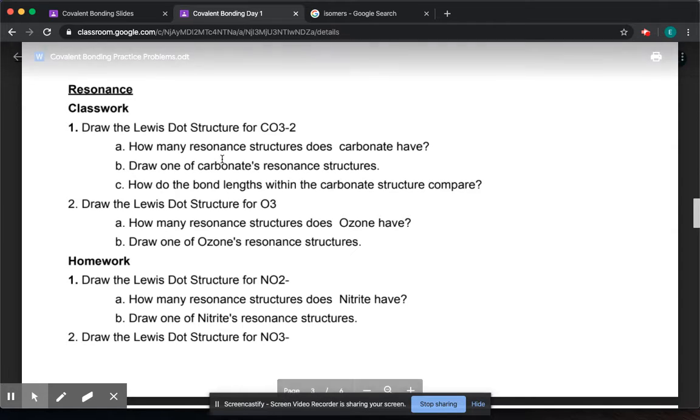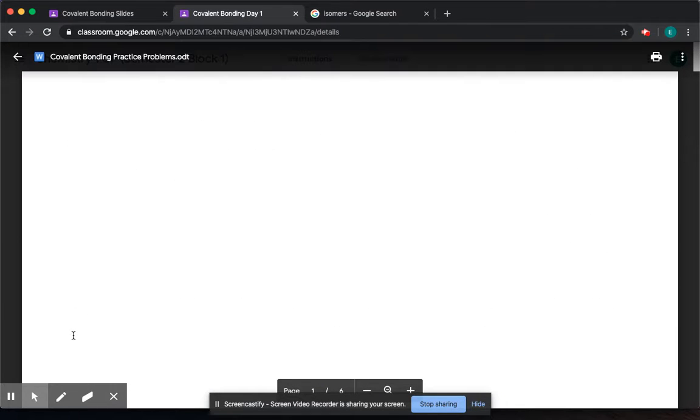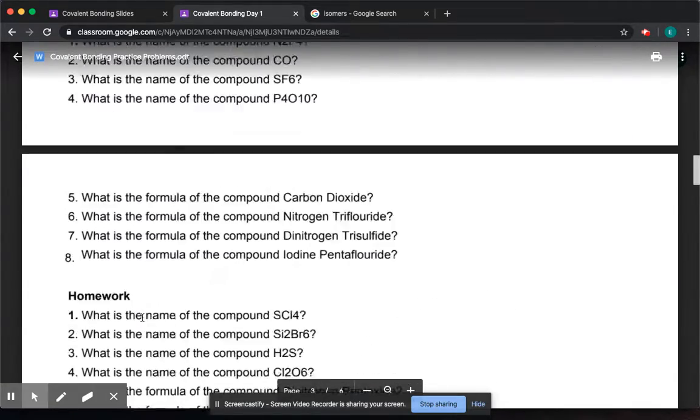Okay, so I'm gonna scroll up to the top for the blank sheet. Okay, so we are doing CO3, more specifically CO3 minus 2. Okay, this is a minus 2. It's weird the way they have it written. Some of you may have gotten confused with that actually.